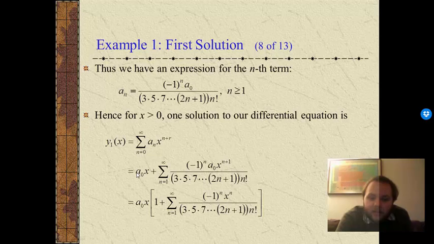Pull out the a_0. So there's an a_0 here, so factor out a_0 x to the 1, and I get a nice pretty term here. So I have now solved one part of the equation. The other part, r is equal to 1/2.